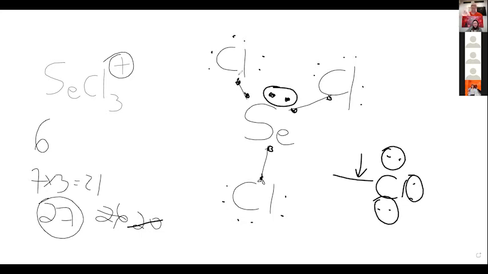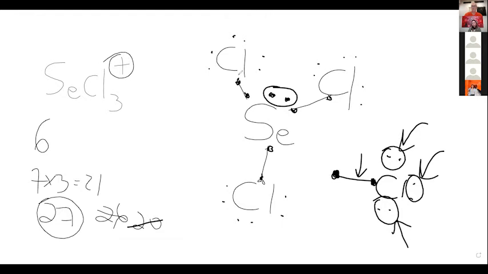There's a difference between having a full octet and having the same number of valence electrons in the molecule as you had as an atom. So let's look at the chlorines. For valence electrons, they can claim all of their lone pairs, and they can claim one of the electrons in a bond.